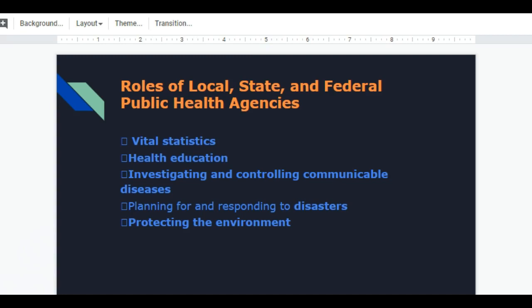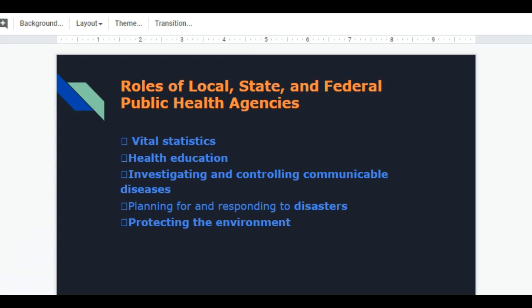Vital statistics are essential to public health. In particular, maternal and infant mortality serve as important indicators of the nation's health. So if you're looking at the health of your nation, your state, your county, you may bring up data regarding morbidity and mortality data, especially when it comes to maternal and infant mortality rates.